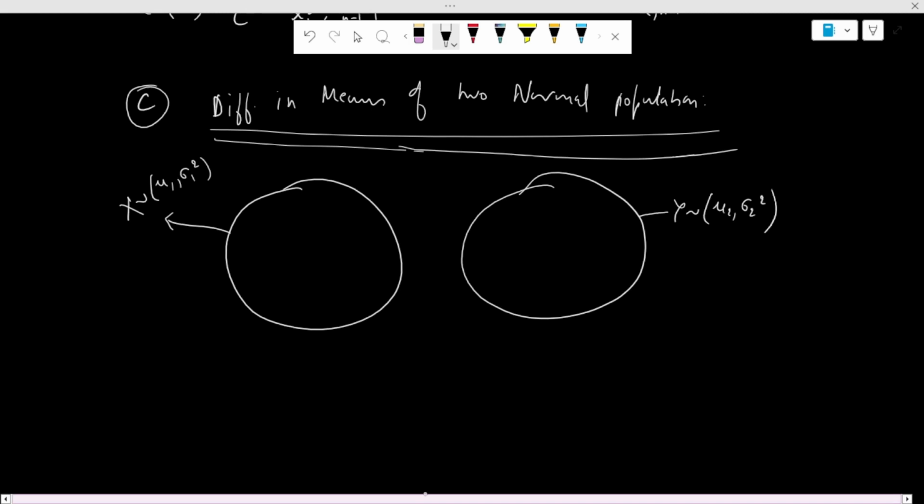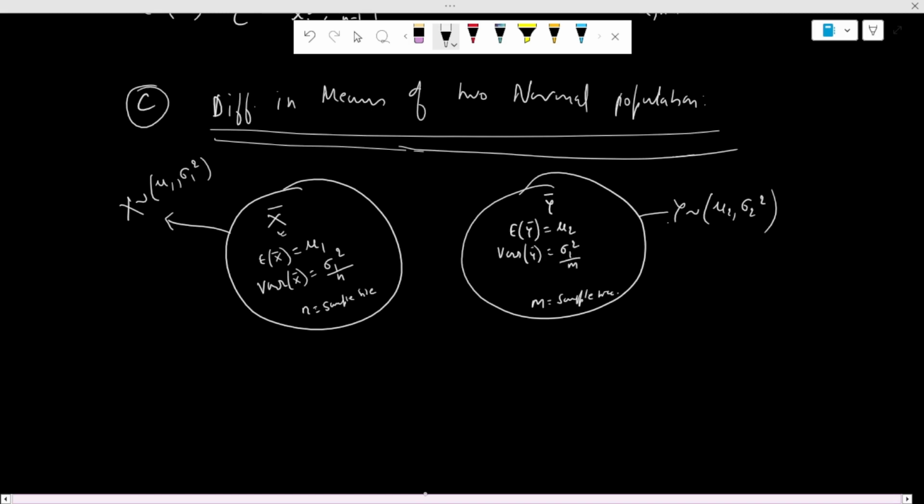From the first population, we take a sample and calculate its mean, and we can calculate the distribution of this mean, where n is our sample size. Similarly, from the second normal population, we also take a sample of size m. The sample mean is given by y bar, and we can also calculate its distribution.